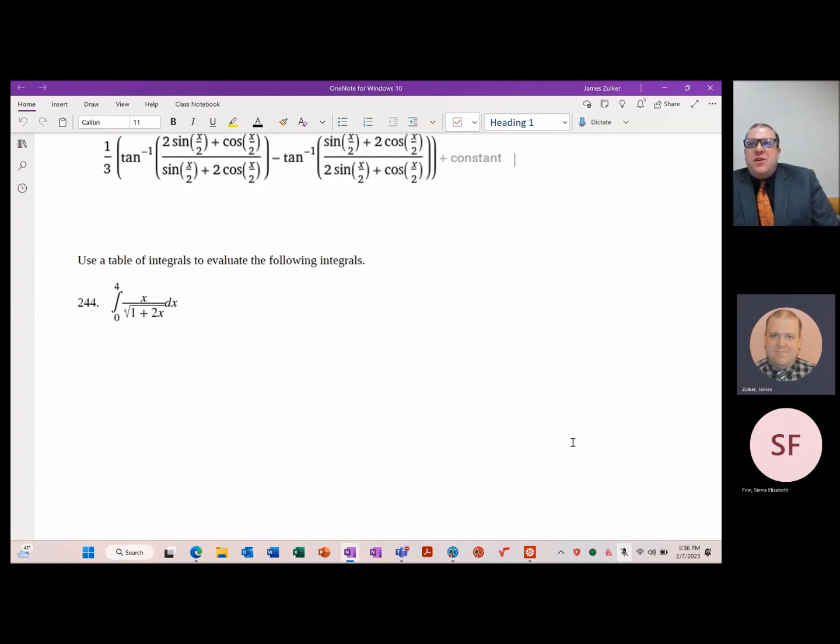Very rarely do you have a problem that matches perfectly. Most of the time, you have to do some clever manipulations to get it to match. Either clever uses of substitution, clever uses of what my professor lovingly referred to as dark voodoo math, which is just algebra. Things like adding 0 or multiplying by 1. Completing the square.